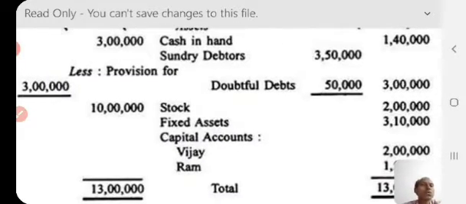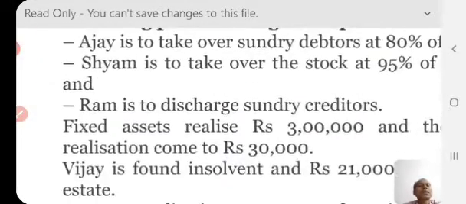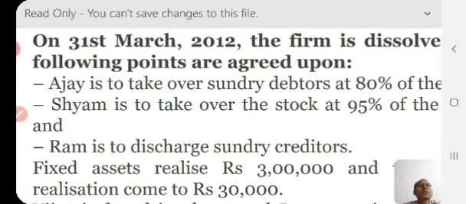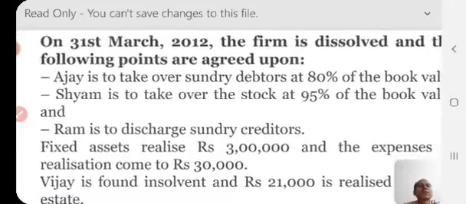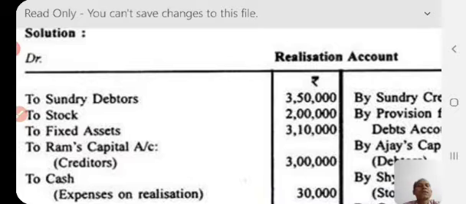Capital accounts should not be taken into account. Cash in hand and cash in bank should not be written. So, three assets are written here: sundry debtors, stock, fixed assets.